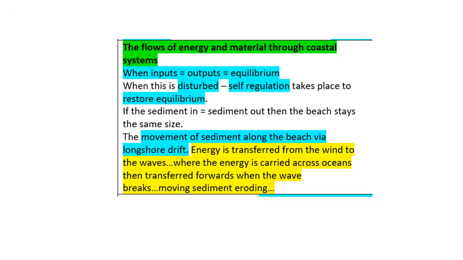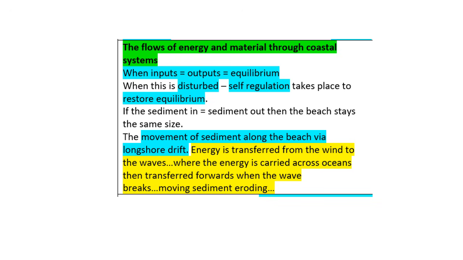So in the winter, we have destructive waves, and this is where the backwash is much stronger than the swash, and it pulls that sand back off the beach again. And so we go round and round in that cycle of self-regulation, maintaining equilibrium in terms of the size of the beach from year to year.